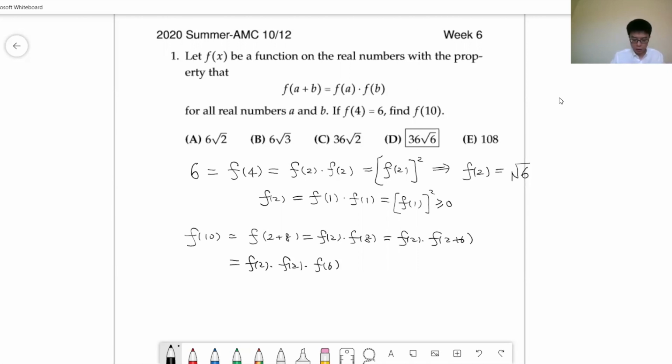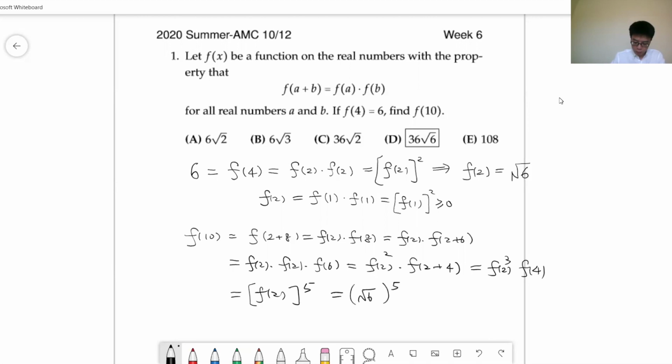And then we can divide 6 into 2 and 4, which is f of 2 cubed times f of 4, and f of 4 equals 6, right? I can keep doing this, and finally we just express this in terms of f of 2. So basically we have f of 2 to the fifth power, right? And now we can plug in the value of f of 2, root 6 to the fifth power, which is 36 root 6. Yeah, that's the answer.